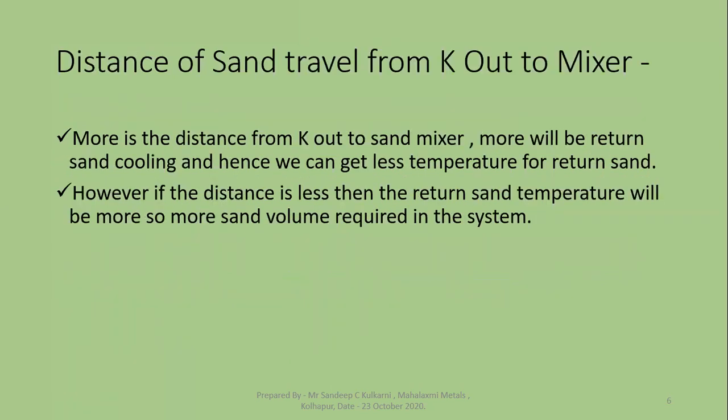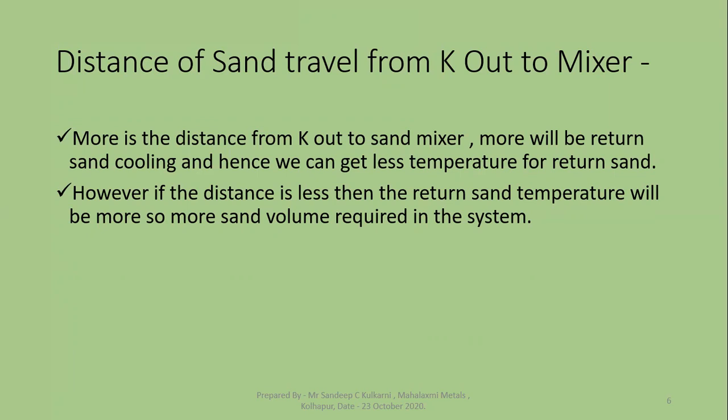Distance of sand travel from knockout to mixer is very important. How much the distance is from your knockout or shakeout to the mixer is going to be a deciding factor in deciding the sand volume. The more the distance from knockout to sand mixer, the more the return sand cooling, and hence we can get a lower temperature for return sand.